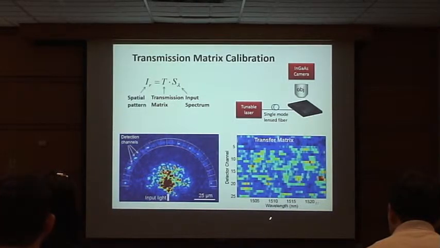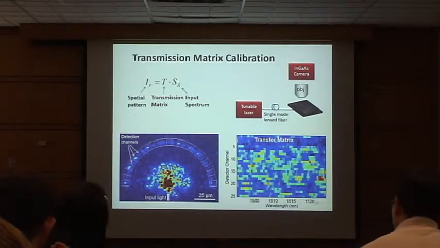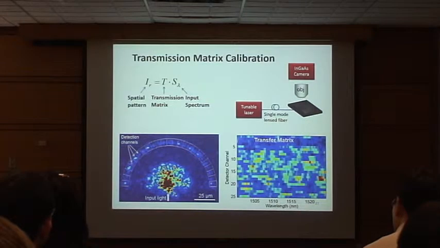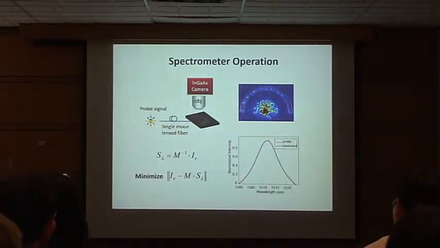Then we made this transfer matrix. Okay? So then we know that this transfer matrix, times the input light spectrum, gives us the output intensity profile. So we just need to calibrate this transfer matrix here. After that, if we have any unknown signal coming in, it doesn't have to be a single frequency.